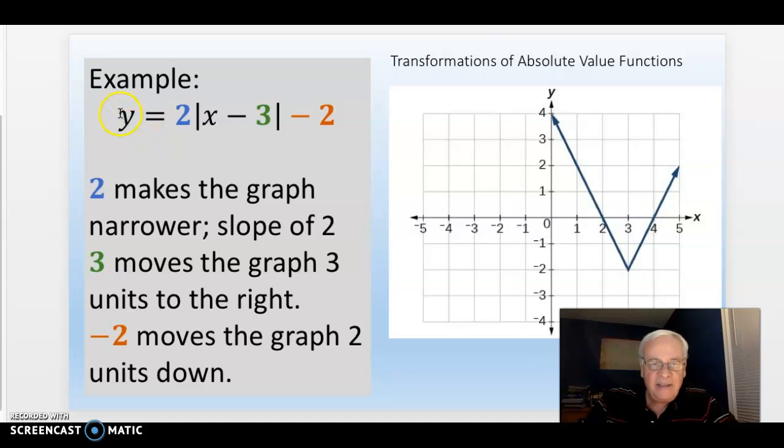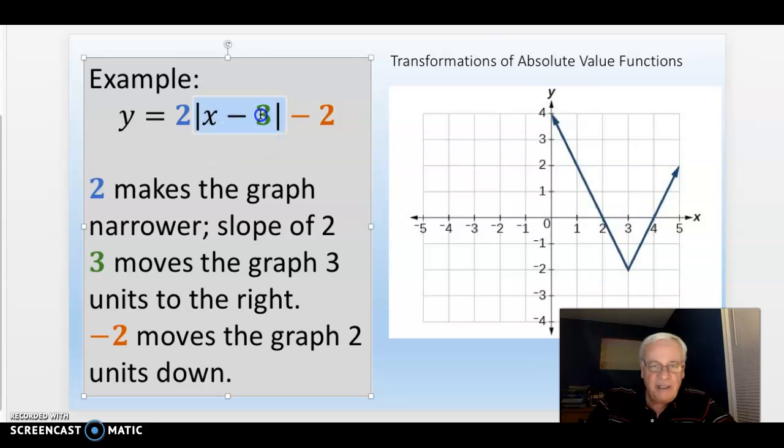All right, guys, let's say you get an equation that says y equals this right here. This is the function. The blue 2 in the front, right here, that makes the graph narrower. It has a slope of 2. This right side has a slope of 2, and the left side just mirrors it. So if you start at the vertex again, you go up 2 over 1, up 2 over 1.